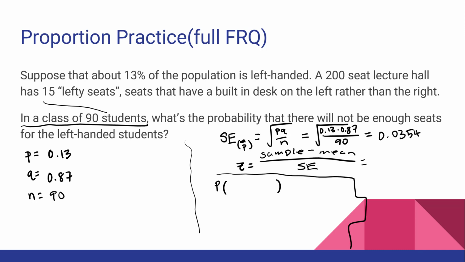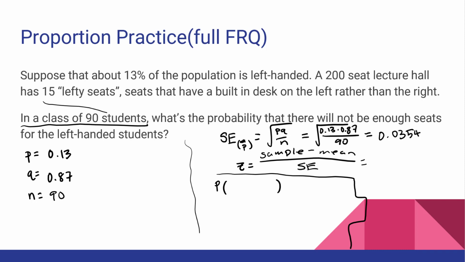So in order to calculate our z-score, we need three important numbers: our sample statistic, our mean statistic, and then our standard error. So we just got our standard error, our mean, so our p here, is our 0.13. So the one thing that we're missing is our sample statistic.